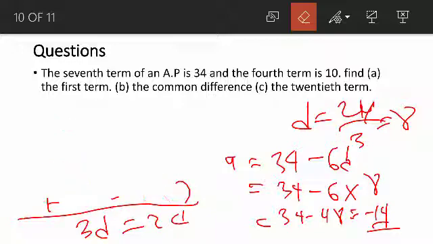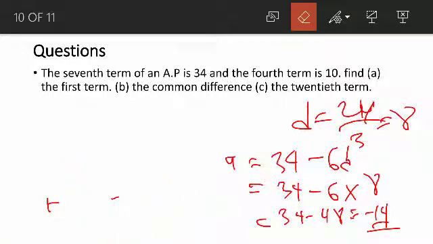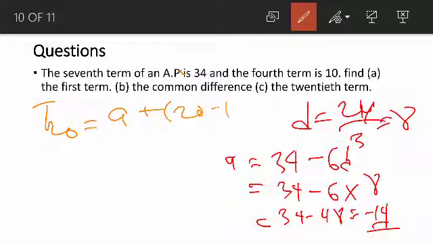So that now leads us to the 20th term. How do we find the 20th term? The 20th term is T20. It means A plus 20 minus 1 times D. So A, your first term, is minus 14, plus 20 minus 1 is 19, so 19 times your D, which is 8.